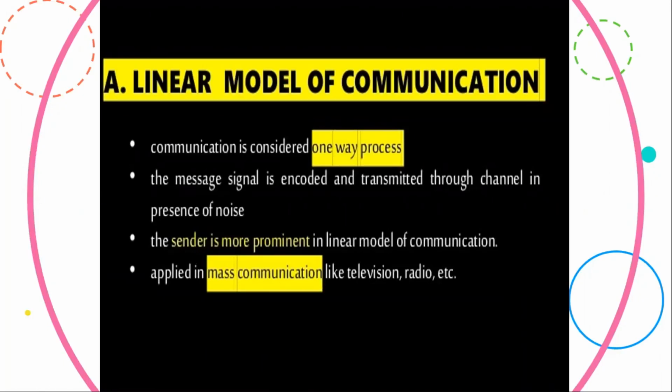And lastly, applied in mass communication like television, radio, etc. This model describes how a sender or speaker transmits a message to a receiver. It is a fairly simple model in which a message is simply passed from sender to receiver.